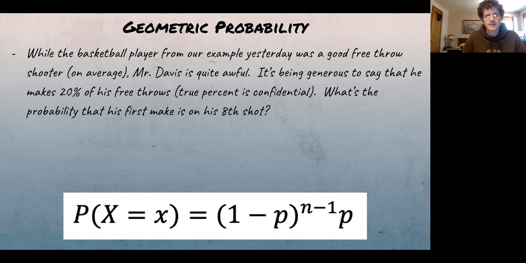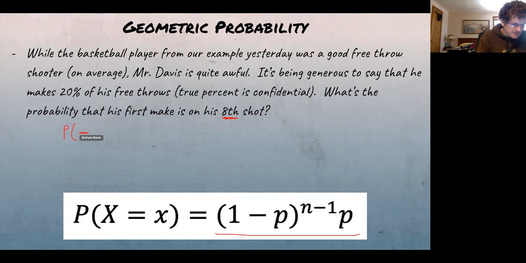Now, let's explain why this is the formula. My 8th shot is when I finally make one, and I have a 20% chance of making it on any given shot. So what I'm really asking is, what's the probability that I miss and miss and miss and miss and miss and miss and miss, and then I make it?